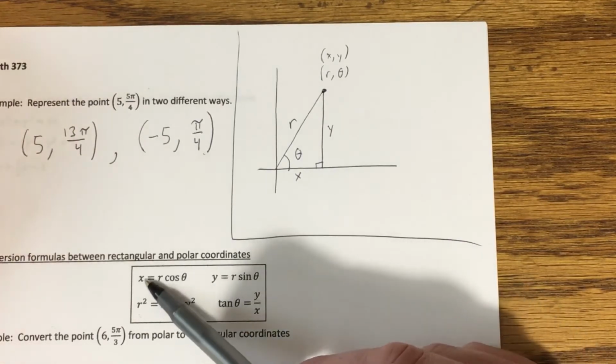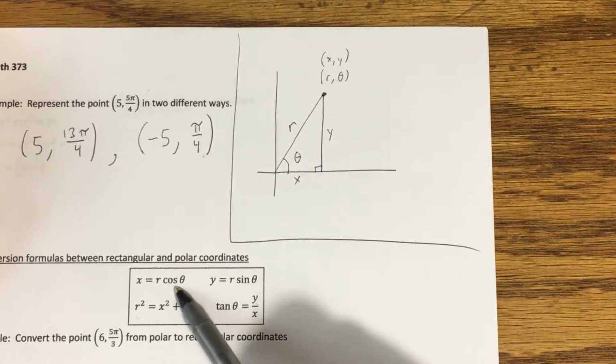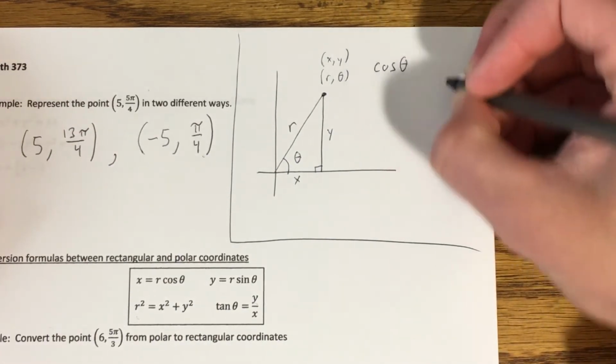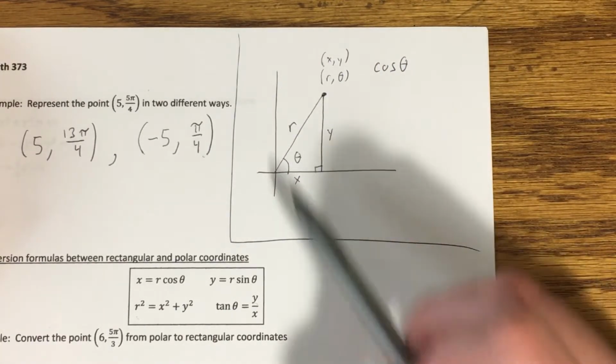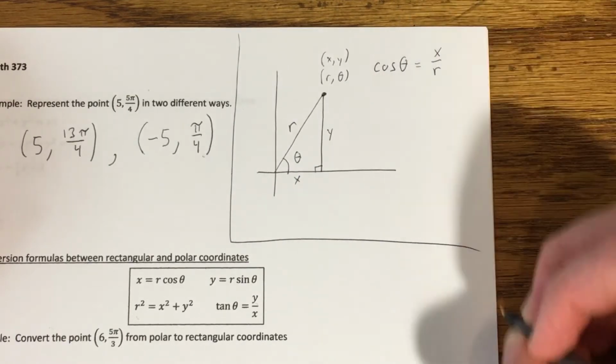Well, let's start with the x. I notice that it's using a cosine of theta here. If I were to find the cosine of theta, thinking of this as a right triangle, cosine of theta is equal to adjacent over hypotenuse. That's x over r.